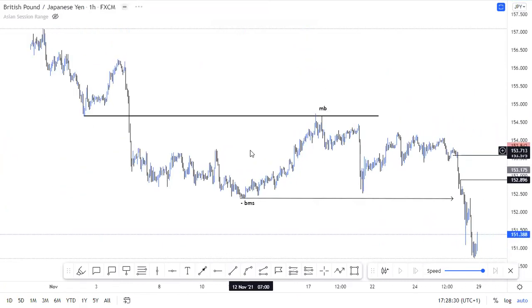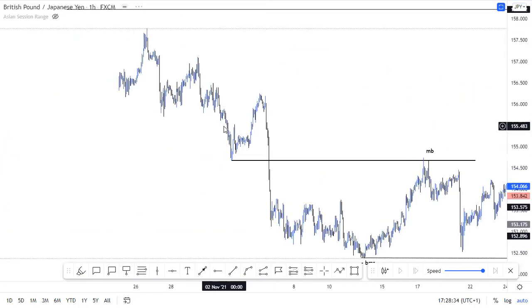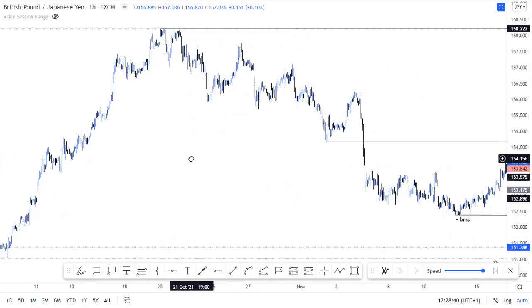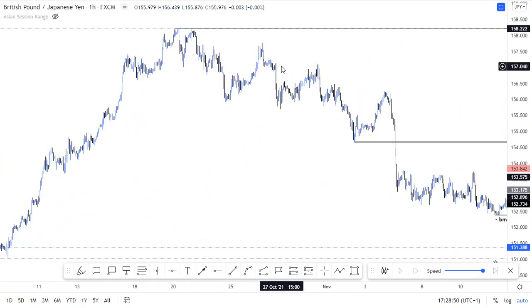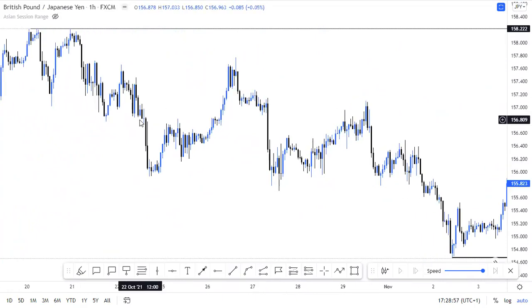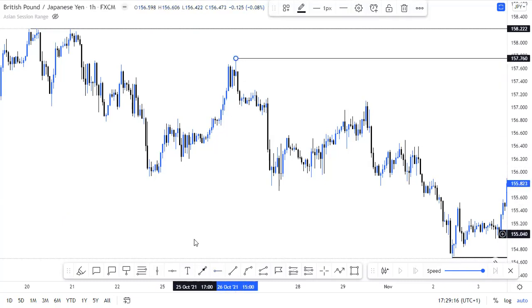Zoom out. Okay, for instance, if I want to frame something here, let's say I want to frame my entry around this high to this low.